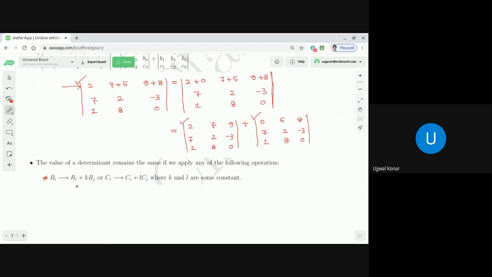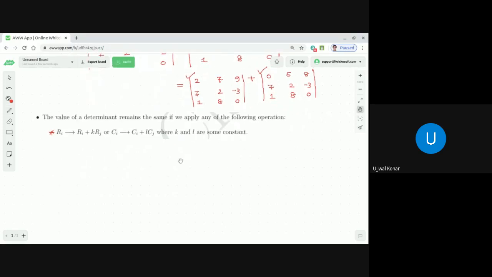That means what we are doing is that the new Ri becomes the old Ri plus some constant multiplied with the corresponding element of the jth row. Okay, let me show you by means of an example so that you can understand how it is happening. And we can prove that both the values are the same by means of the properties of a determinant.